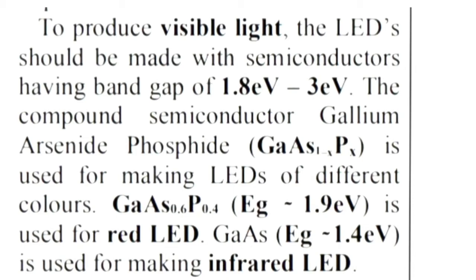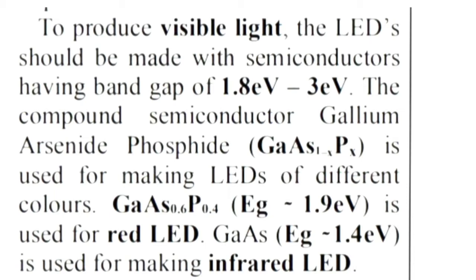This is the band of energies for visible light, ranging from red to violet. Red has energy 1.8 electron volt and violet is the most energetic one, with 3 electron volt. So the band gap energy should be between 1.8 electron volt and 3 electron volt.